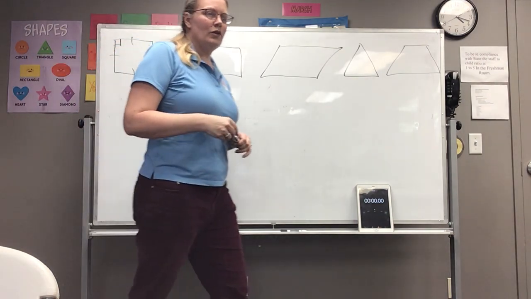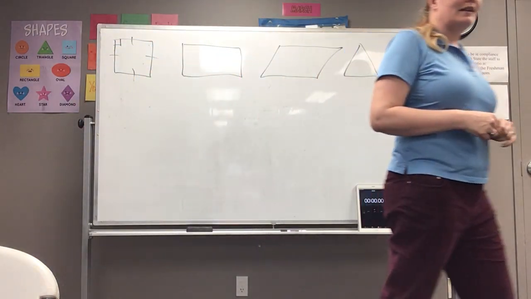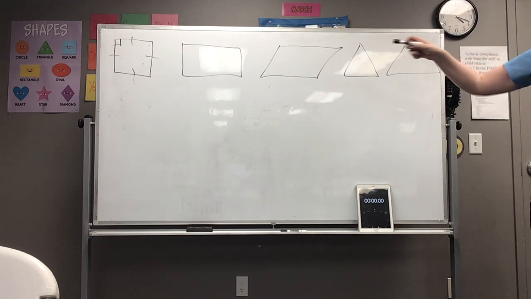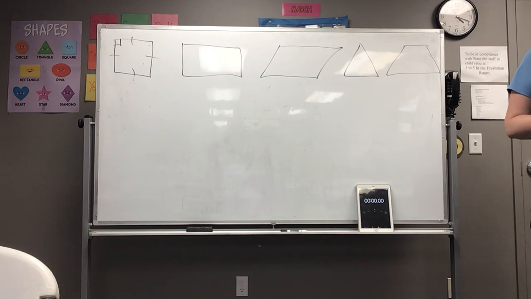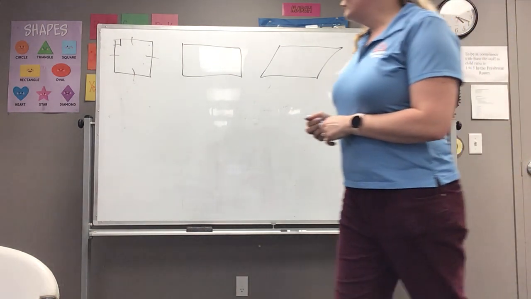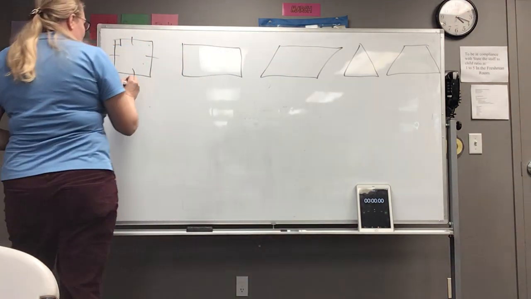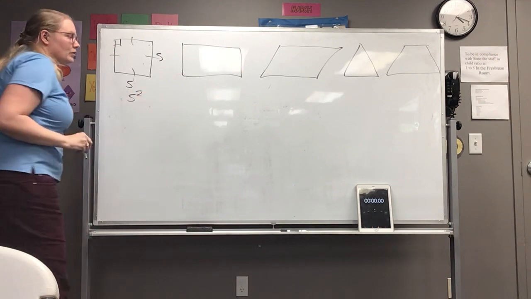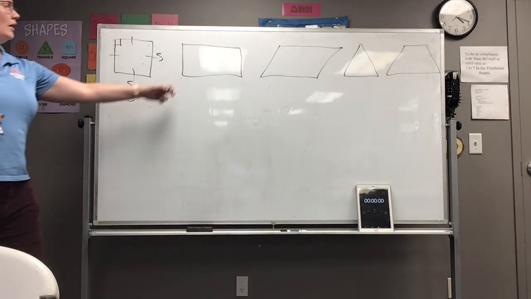All right, no shame in saying, yeah, I didn't remember this one. It's been a while. For a lot of you, you've been doing upper level math for several years, and sometimes the formulas get lost. Is there any that you need a refresher on? Okay, so my quick rundown is that square is literally the side squared. That's where squared comes from.